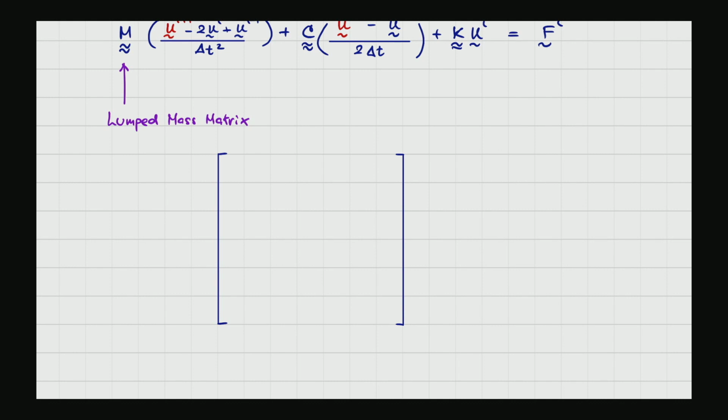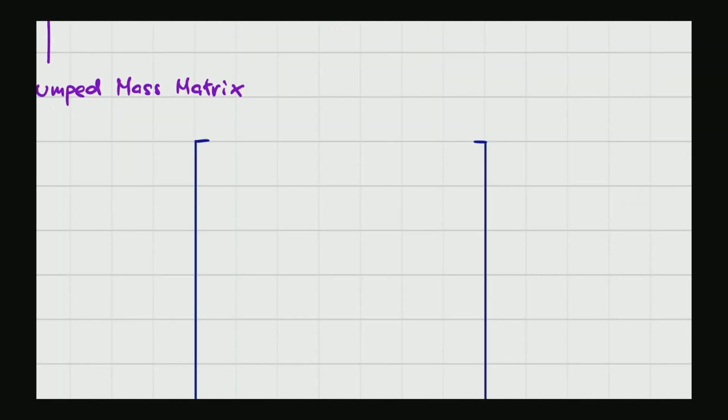It is the same concept. So you get the area which is associated with a given point, and then you lump the mass to that point. So we're going to have mass 1, mass 2, mass 3. That is for a point.